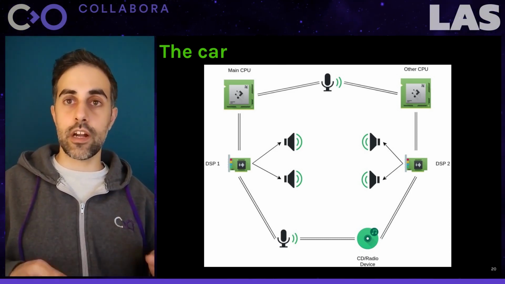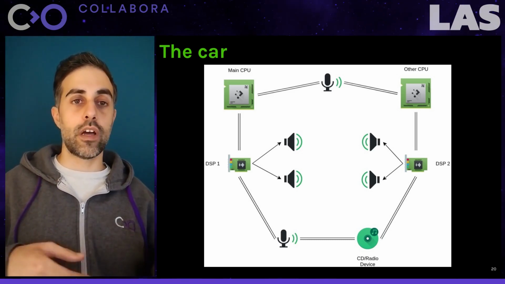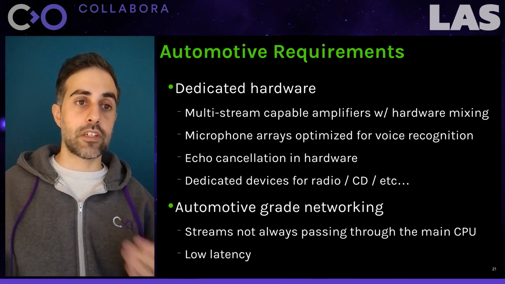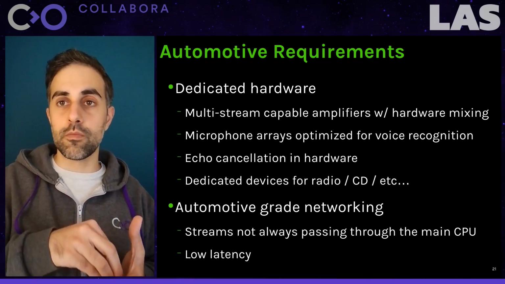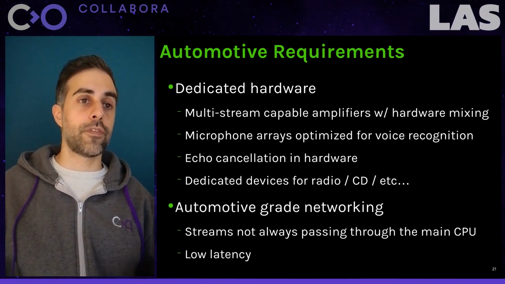They may have to share those. They may need to cooperate in some way. There are also special devices like special microphones, for example, that do voice recognition, that have their own processor in them and do some pre-processing of the audio.